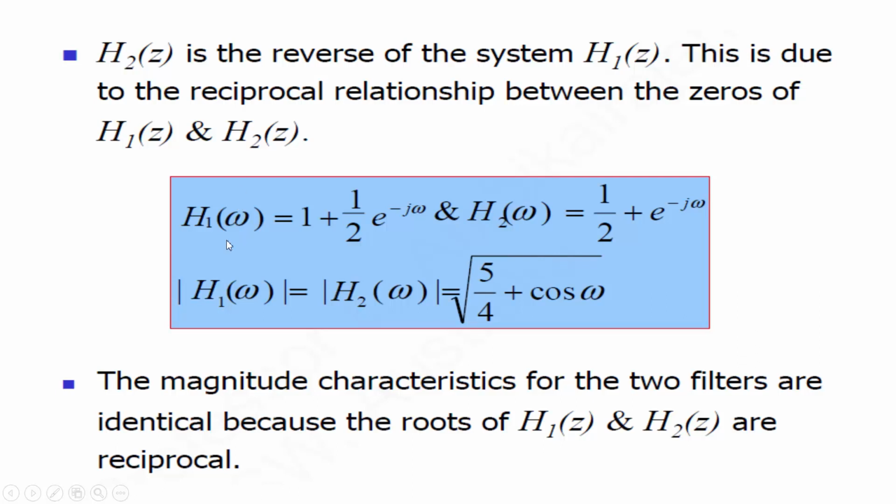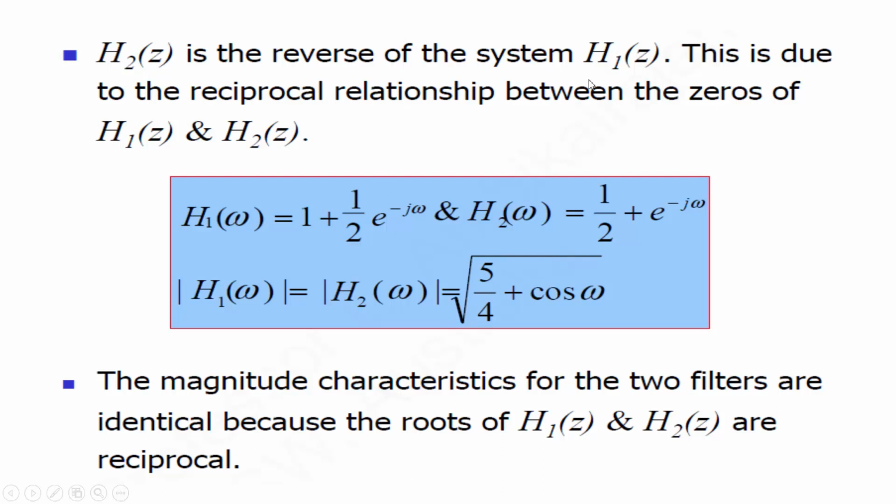Now we know how to get the frequency response just by replacing z equal to e to the power j omega. So for both the systems we get the frequency response, and we take the modulus of both. The important point is that the magnitude response for both the systems is the same. This is important.